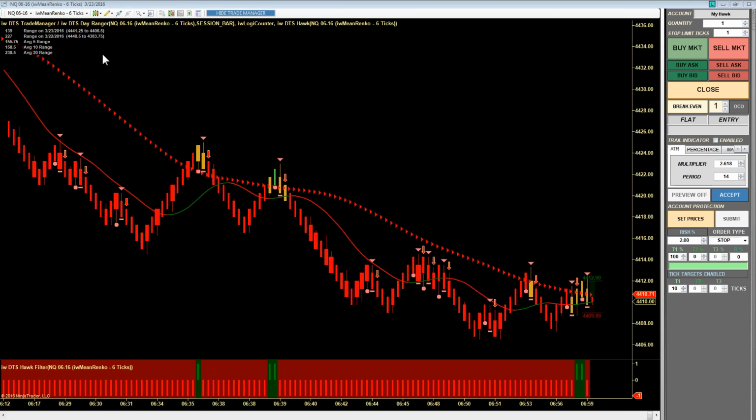Likewise, let's say I wanted to have a 10% of the daily range as a stop loss. Well, that would be around a 15-tick stop loss. If I wanted to use my fixed tick strategy, I could run a 15-tick stop off of the high if I were shorting. So let's say 15 ticks off of the high. That's what that would look like.